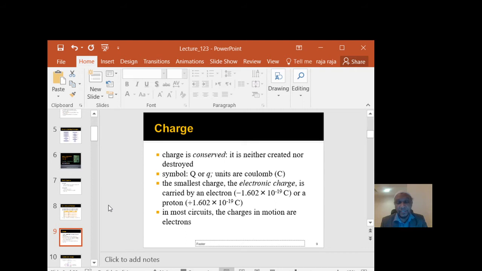We studied three fundamental charges in physics: electron, proton, and neutron. The electron's value is minus 1.602 times 10 power minus 19 coulomb, and the proton is a positive value. In most circuits, the charge is the motion of electrons. That is the definition of charge.